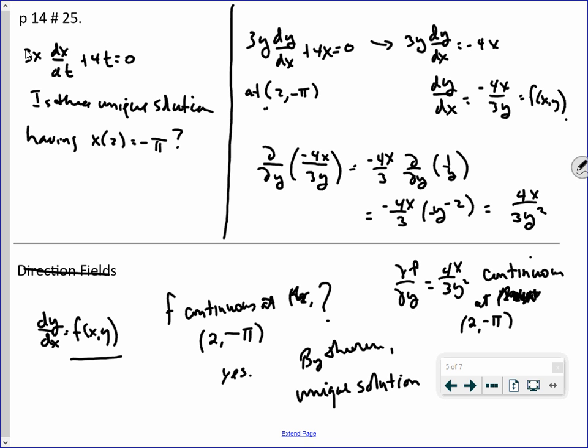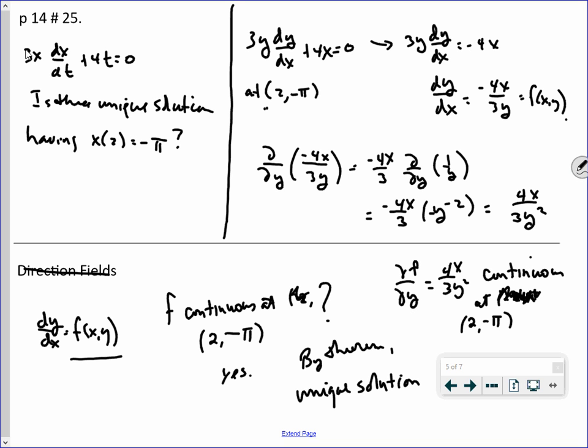Now this one isn't too hard to find. We'll use a technique called separation of variables to solve this. But the theorem doesn't tell you how to find it. It just says if these conditions are met, then you know there is a unique solution. I know I have a unique solution at that particular spot.